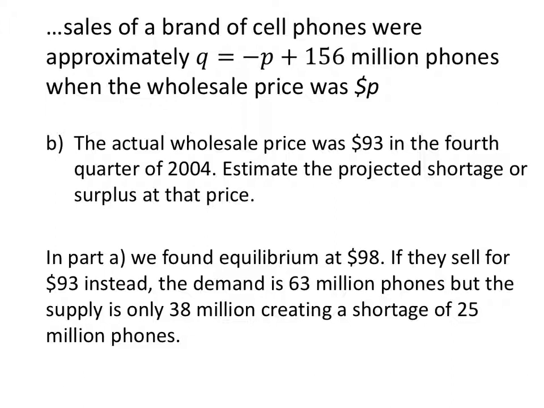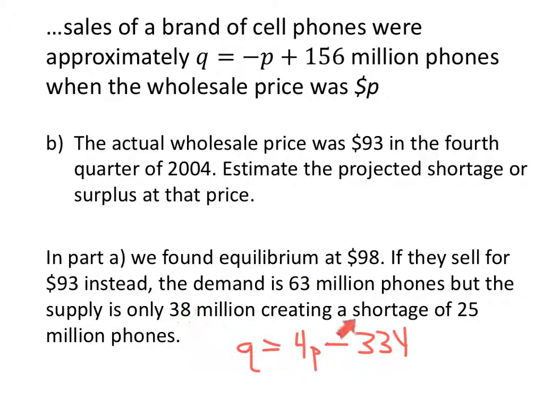But the supply, let me remind you that the supply function was 4P minus 334 million phones. So if I put $93 in for P, and I take 4 times 93 and subtract 334, the company was only willing to supply 38 million phones. 63 million people wanted them because it was a cheaper price than equilibrium. Only 38 million were being created.